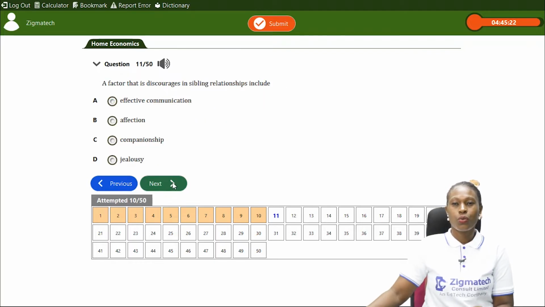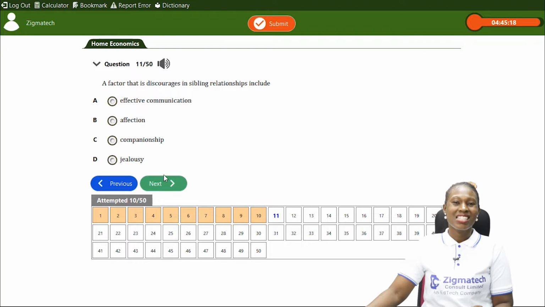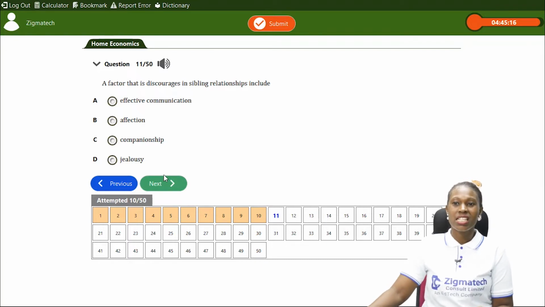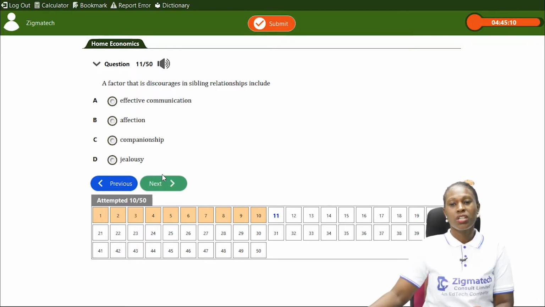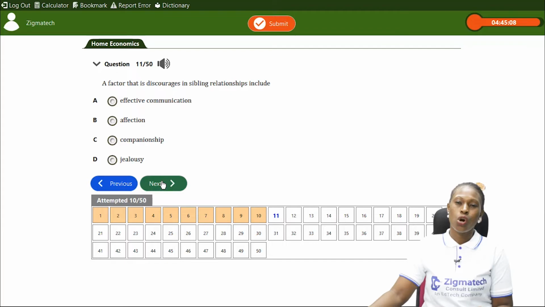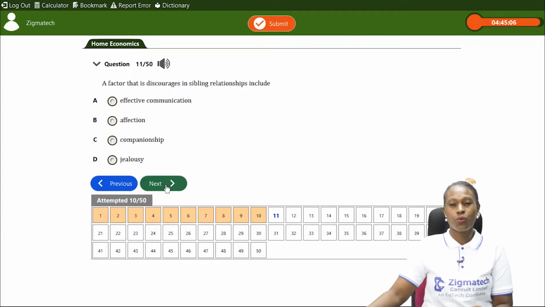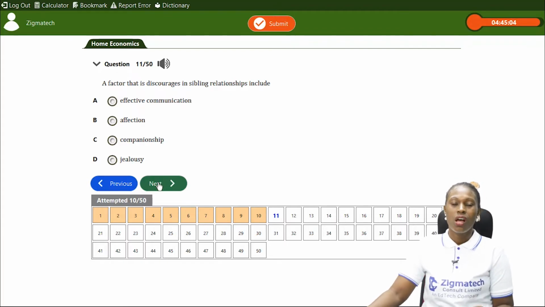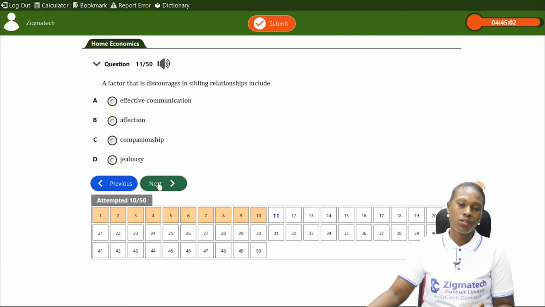Okay, let's look at the next one. A factor that should be discouraged in sibling relationship include: A, effective communication, B, affection, C, companionship, D, jealousy. Which of these should be discouraged?